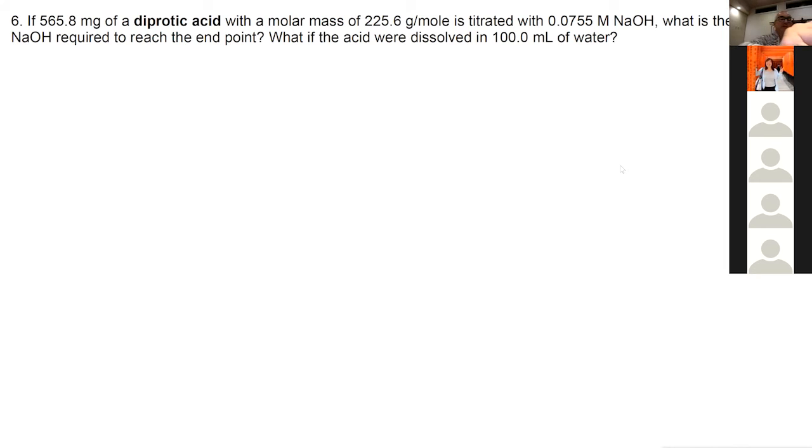And so we usually use something like H2X for that. We don't know what X is, but we know that it's got two protons. And we have a mass, and we have a molar mass. And it's titrated with a strong base.